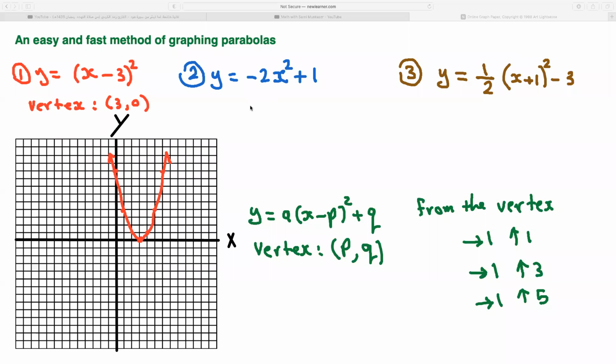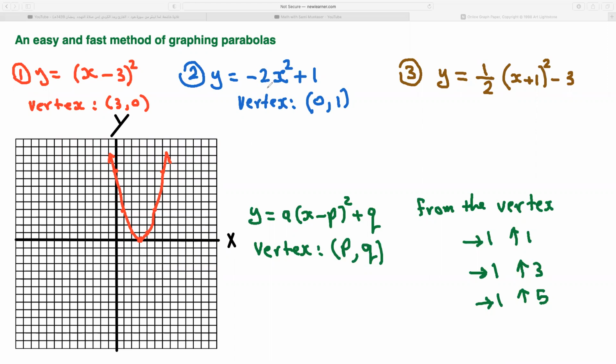So for the second parabola, the vertex is 0 and 1. You remember what's inside the brackets is the P, and since we don't have anything inside the brackets, P is 0, and the Q is 1. But now we have a negative, which indicates that instead of going up, you're going to go down, so the parabola is going to open down.